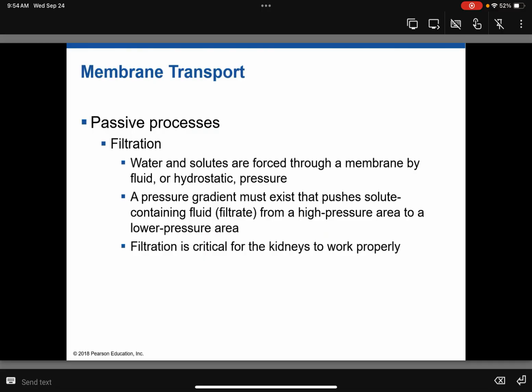So that's kind of what happens in the filtration process: you get a high pressure and it forces it out. So when you go to open your pop after it's been shaken, what happens to it? Right? It relieves that pressure, it has to go somewhere. And so that pressure is being relieved because it's getting pushed through the membrane then.